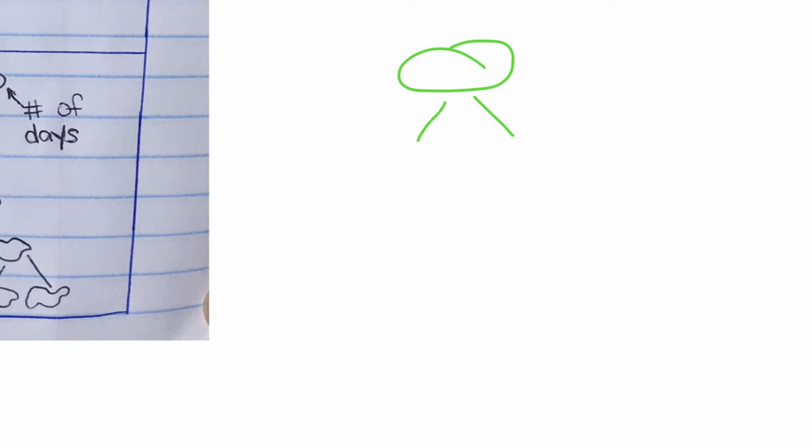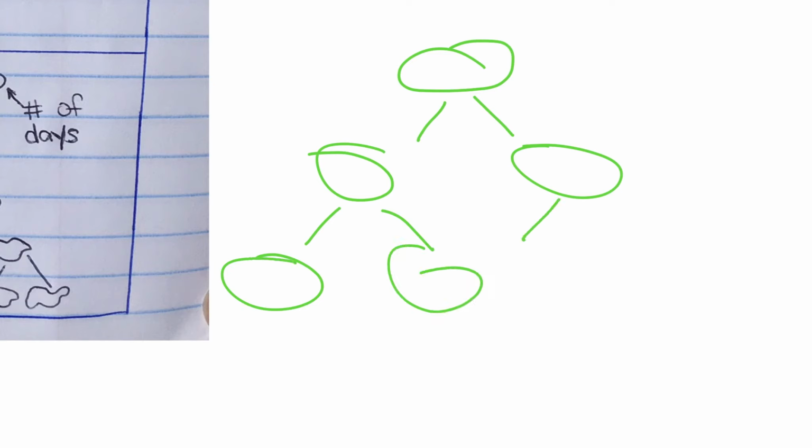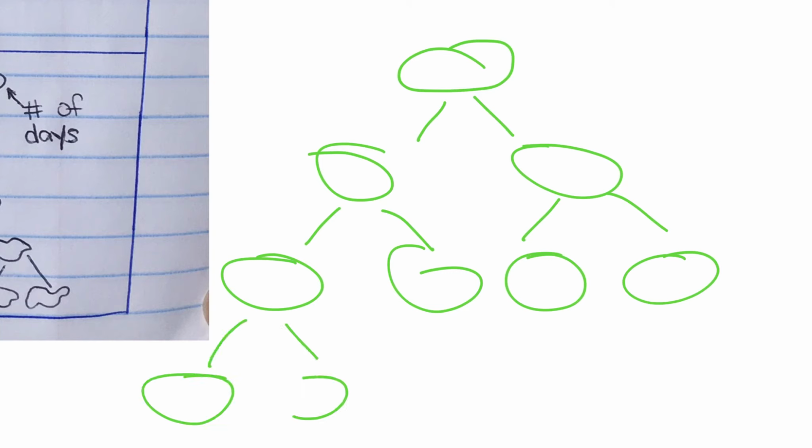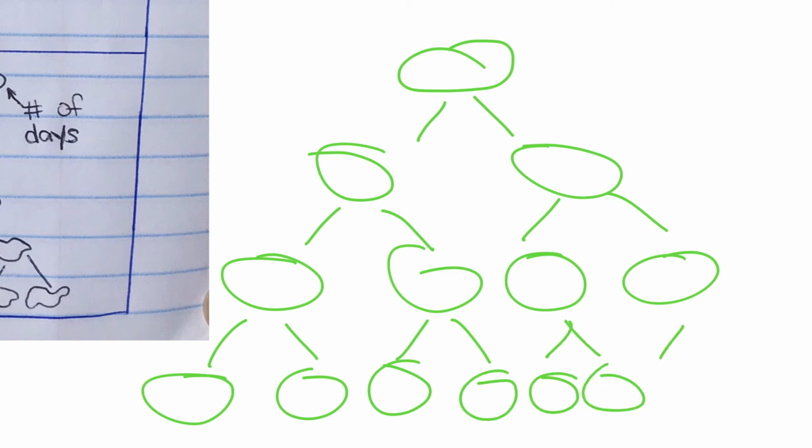After the first day, that blob splits into 2 more blobs. Okay, after the second day, each of those blobs creates 2 more. After the third day, each of those blobs creates 2 more. So we're not just adding and we're not just multiplying, we are exponentially growing each day.